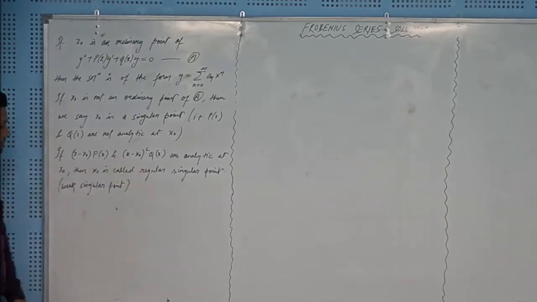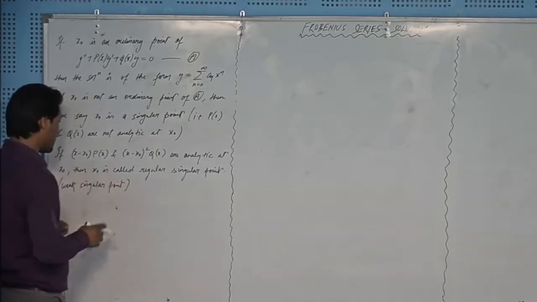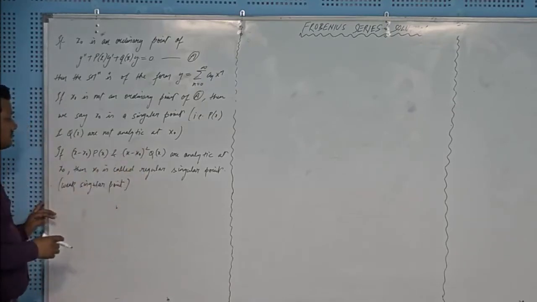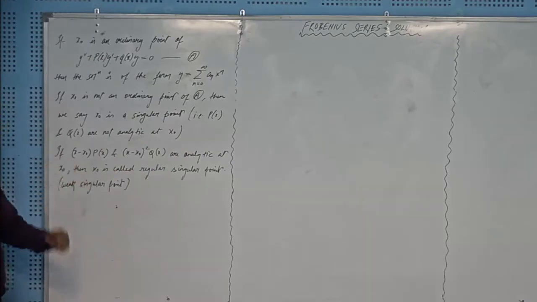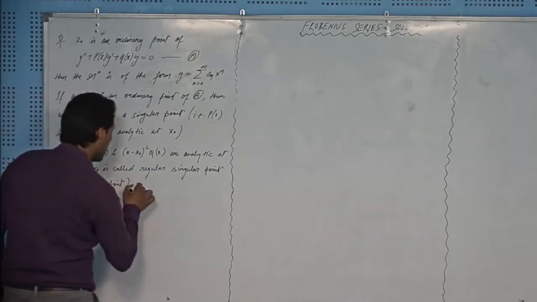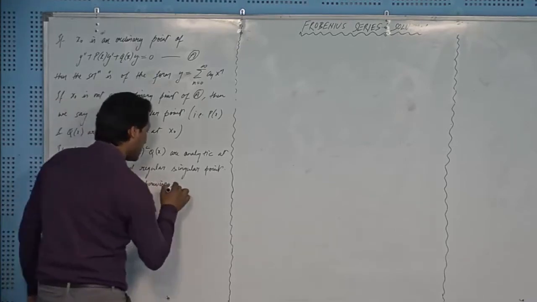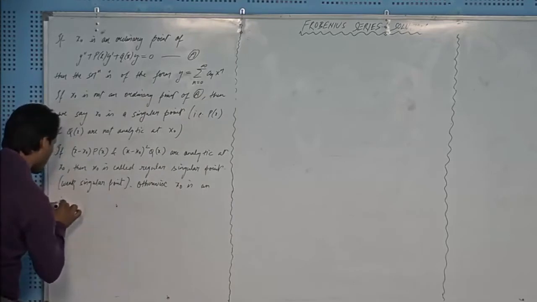because it can be removed just by multiplying it with these polynomials, right? Okay, and if this does not happen, that is, if on multiplying with x minus x naught and x minus x naught whole square, the functions are non-analytic, then we'll say that it is an irregular singular point, right? I will write that. Otherwise, x naught is an irregular singular point.